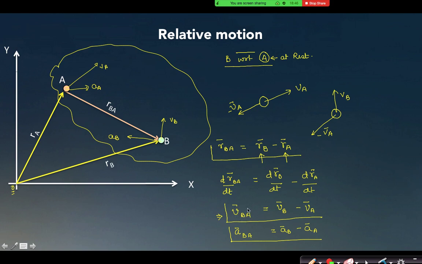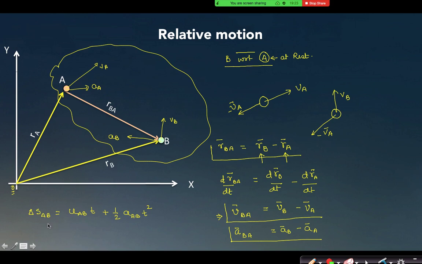And after calculating these vectors, if you find that the relative terms VAB, VBA or ABA are also constant, then you can use all the equations of motion under constant acceleration or constant velocity that we have studied earlier, right? So all the motion equations are also valid for the relative values. For example, you can definitely write delta SAB is equal to UAB T plus half AAB T square.